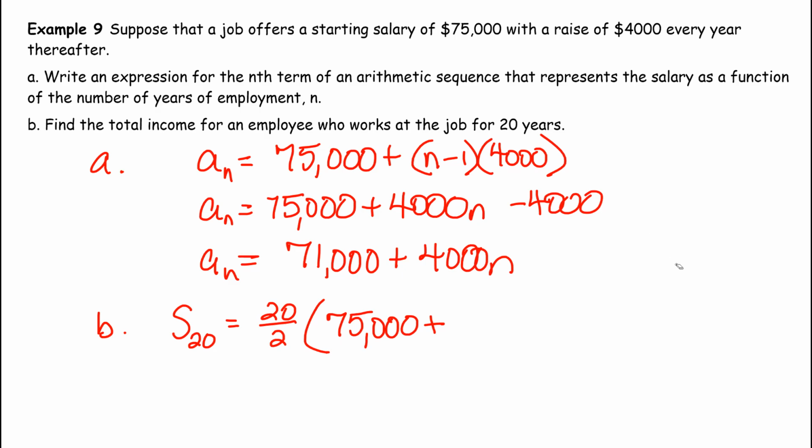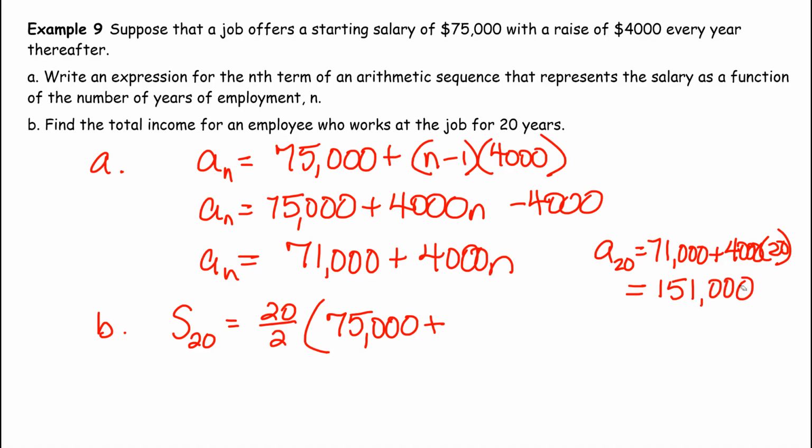So I've got to figure out the salary at 20 years, which is A sub 20. So A sub 20 is equal to 71,000 plus 4,000 times 20, and that's going to be 151,000.